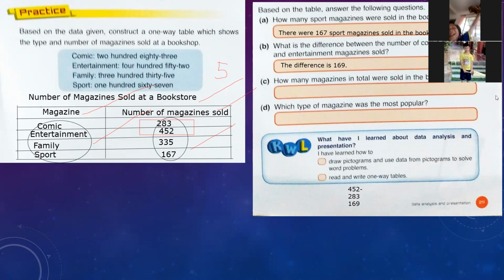Oh my God, we're going to do the scratch paper again. So we're going to add this one: 3 plus 2 plus 5 plus 7. Let me do the scratch paper on the right side of this page. So 283 plus 452 plus 335.